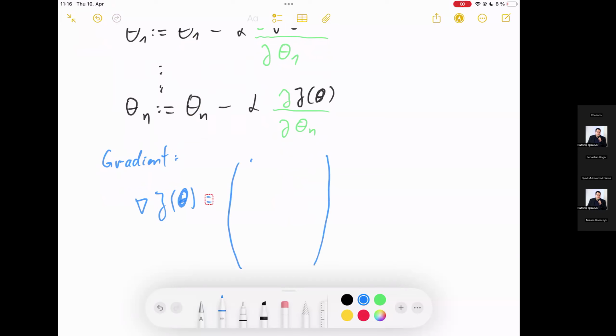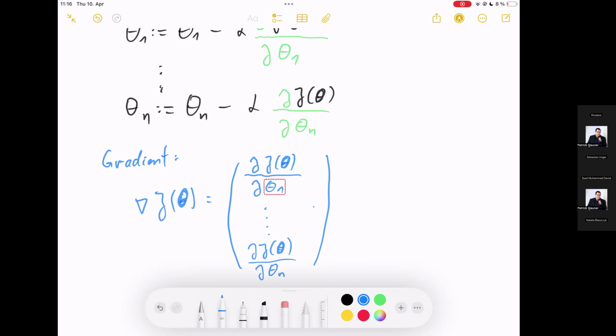So we have the first partial derivative of J of theta along theta 1, up to the partial derivative of J of theta along theta n. So it's a vector of partial derivatives.